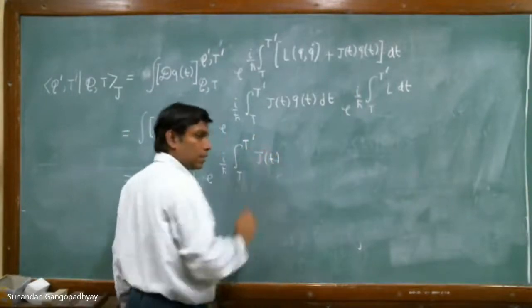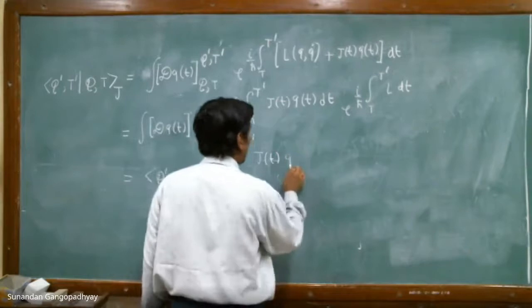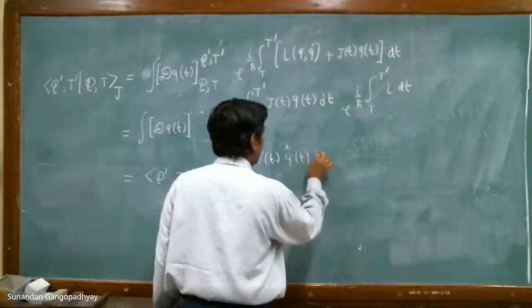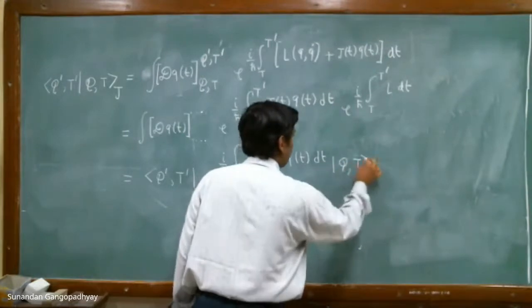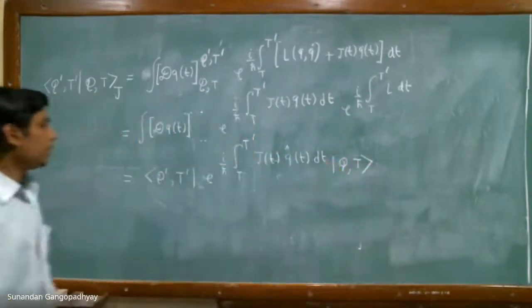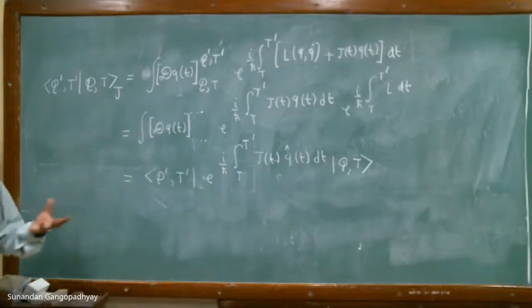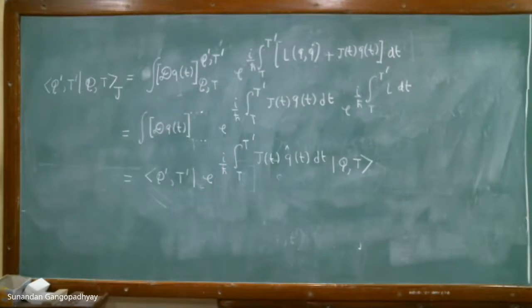So this source is still a number. So you can write this as a matrix element, because of the results that we have established in the earlier lectures.